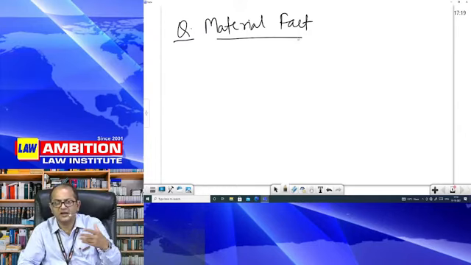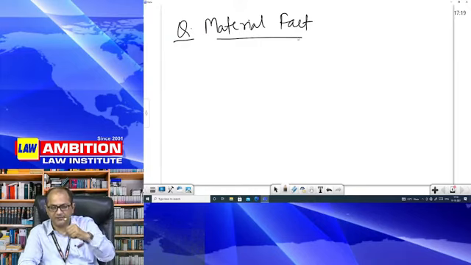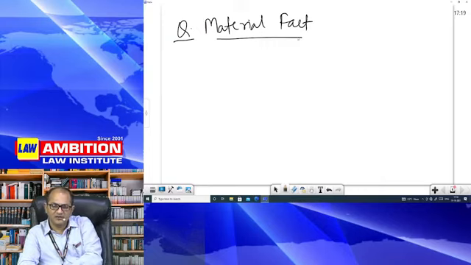Now it's very simple. If I claim a relief on the basis of a sale deed, suppose I say that I am the plaintiff and I have purchased the property from B, or B has sold me the property by a sale deed annexed here as Annexure A, dated such and such, which has been registered in court, then in that case this fact of registration of the sale deed and the fact of that person selling the property to me is a material fact.